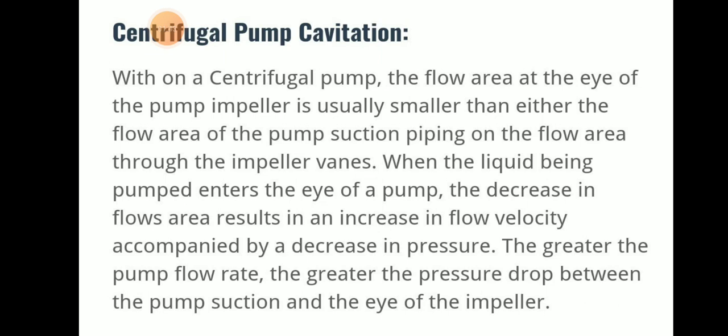When the liquid being pumped enters the eye of the impeller, due to the decrease in flow area, the flow velocity will increase as the pressure decreases. So the greater the pump flow rate, the greater the pressure drop between the pump suction and the eye of the impeller.